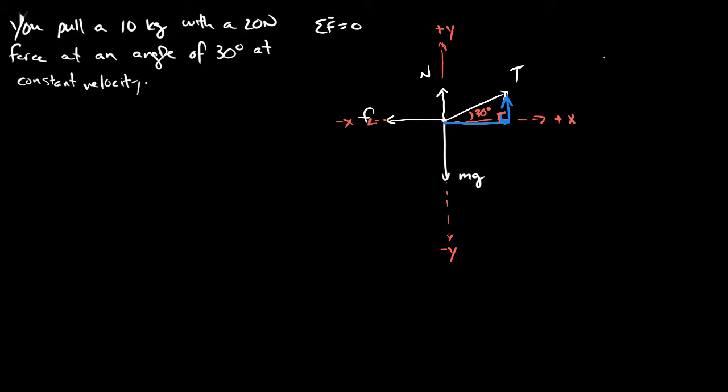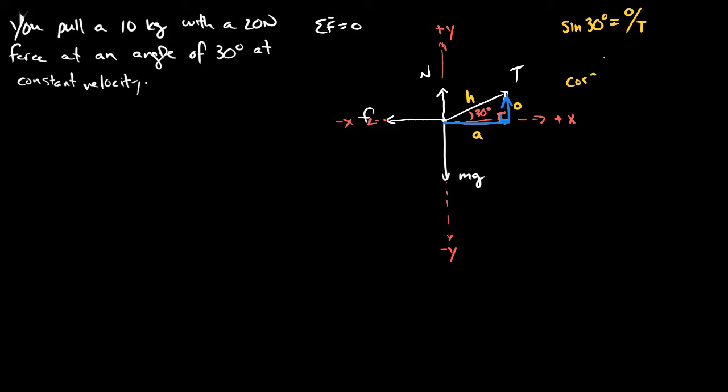Now, a cursory look at the triangle tells me that this is the hypotenuse, this is the opposite side, and this is the adjacent side. So I'm going to use my trig, and remember that sine of 30 degrees is going to be equal to opposite over hypotenuse. The hypotenuse is the tension. It's the 20 newtons we're pulling with.